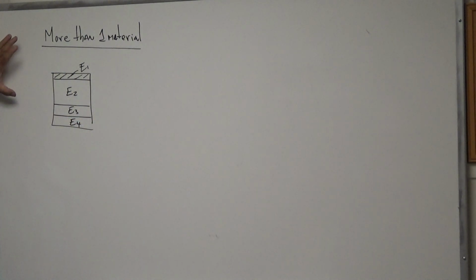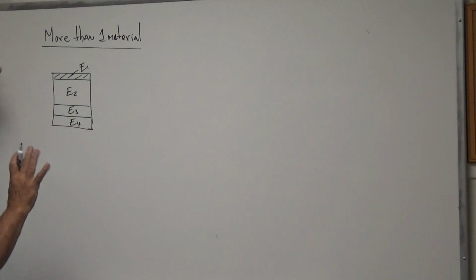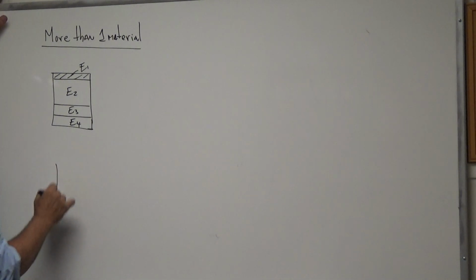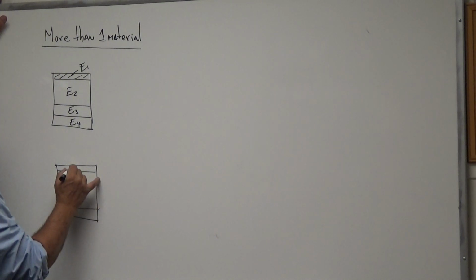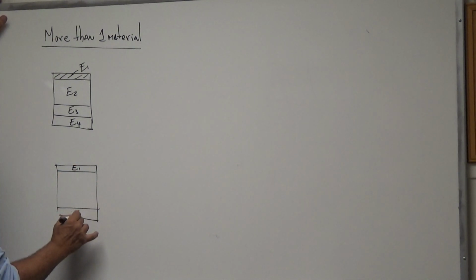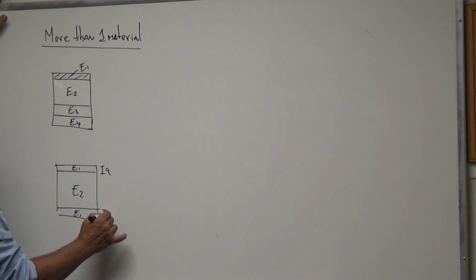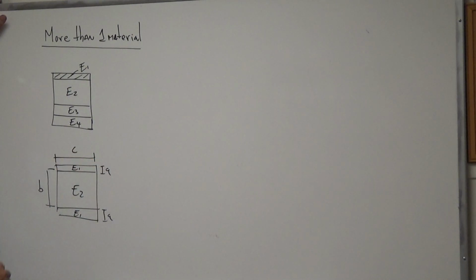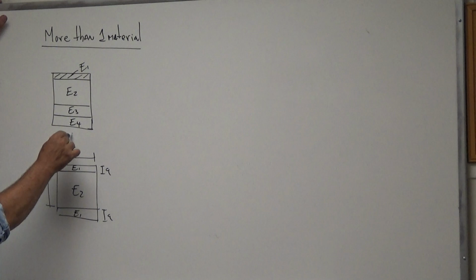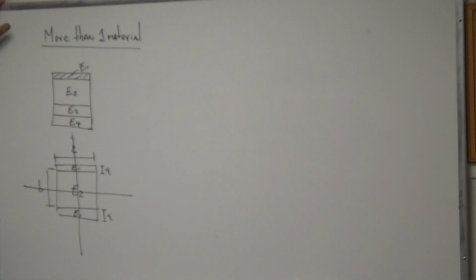In problems in which there is more than one material, the principal axes are either both known precisely, for example in this case, let's say this is E1, E1, E2, and these dimensions are the same, A, B, C. So in this case, the system is symmetric about this axis, and symmetric about this axis. Those are the principal axes.